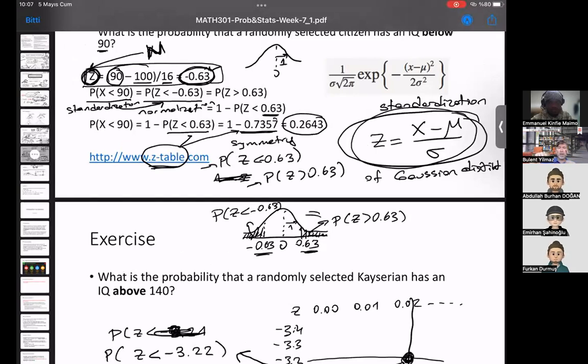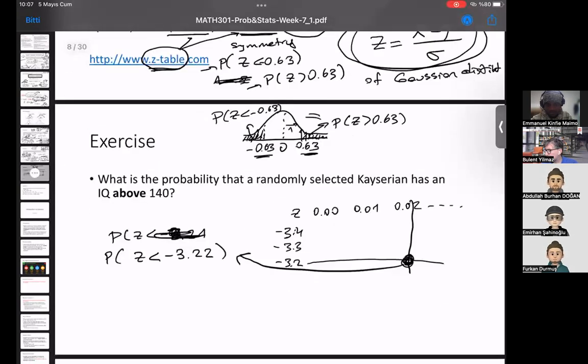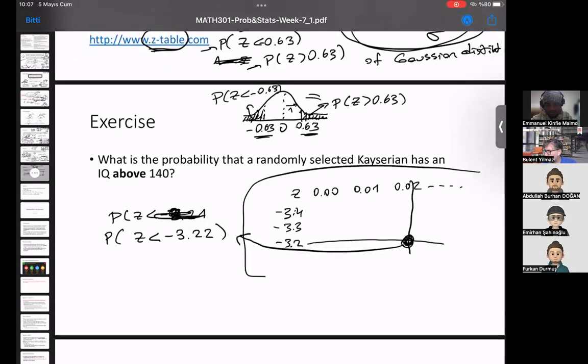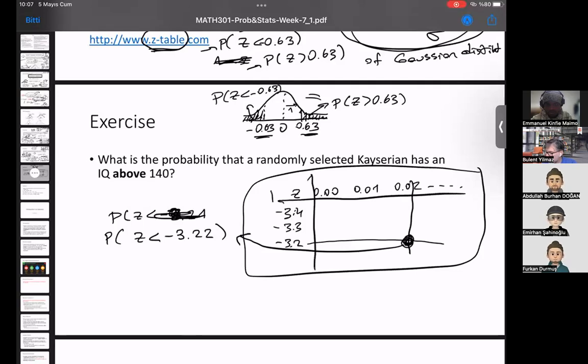Sometimes it is minus, sometimes plus, so you should be careful using some Z tables. You will become more accustomed to using Z tables, but this is the main logic. If you check the Z table, it has one row like that and columns like that.